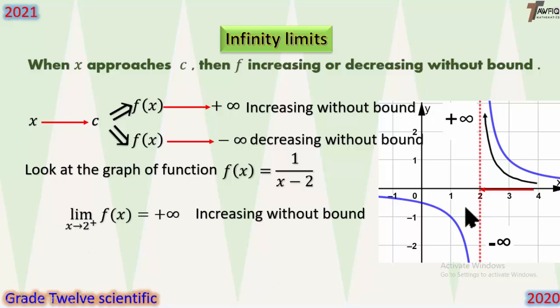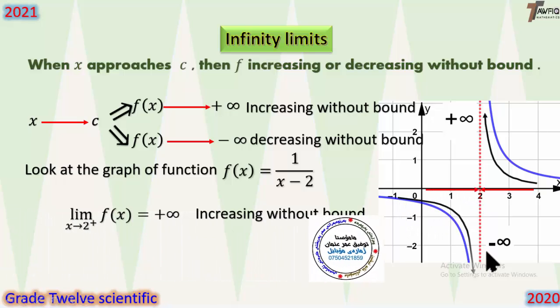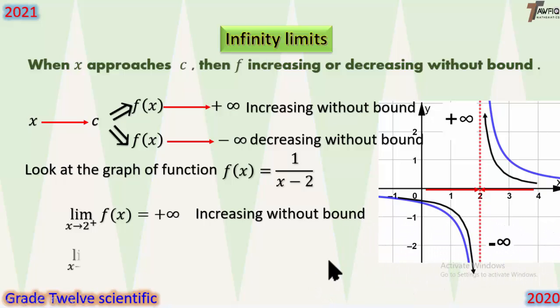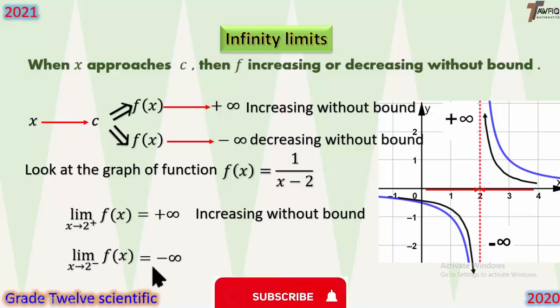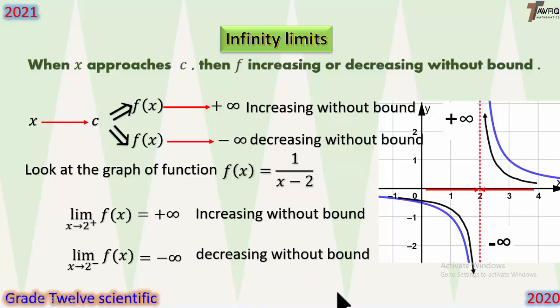And when we approach 2 from the left, the function goes to negative infinity, decreasing without bound. That means the limit as x approaches 2 from the left of f of x is negative infinity, decreasing without bound.